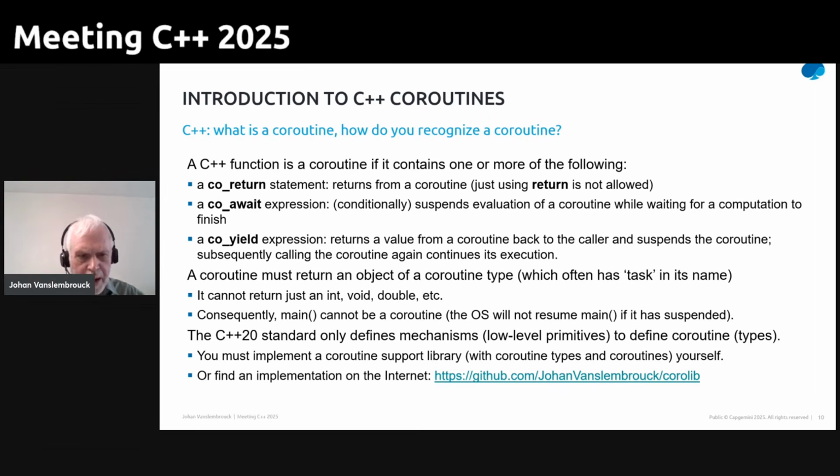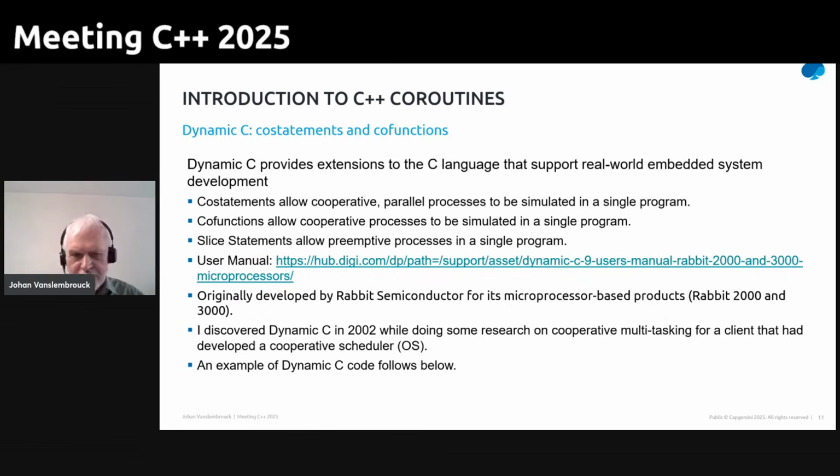Now, talking about co-functions, which we don't have in C++, it's called coroutine. It's something I found, in fact, 23 years ago, and it's called Dynamic C. At that moment, I was looking into cooperative multitasking for a client who had developed a cooperative scheduler.